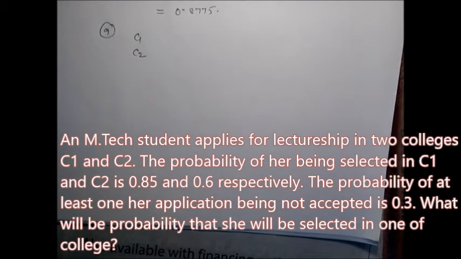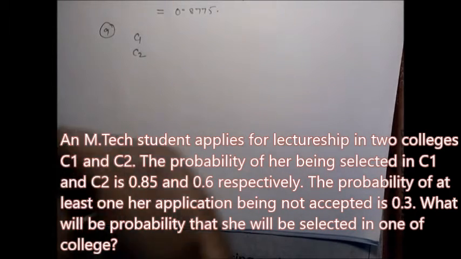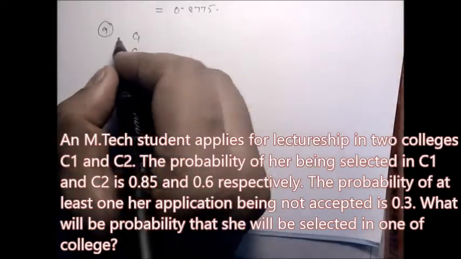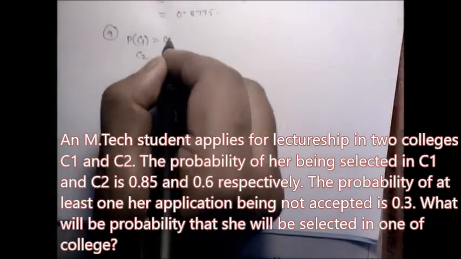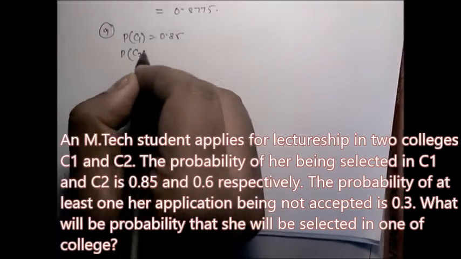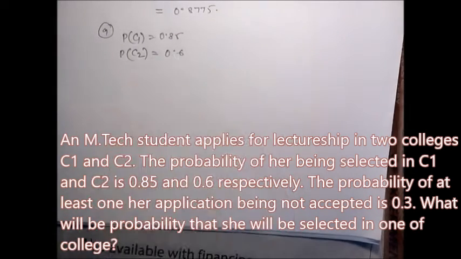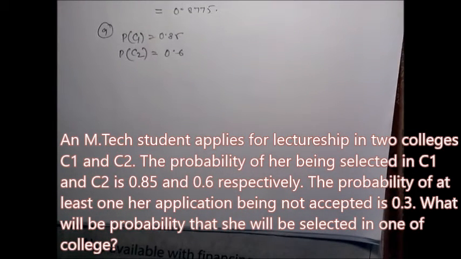The probability of her being selected in C1 and C2 is 0.85 and 0.6 respectively. The probability of at least one of her applications being not accepted is 0.3.